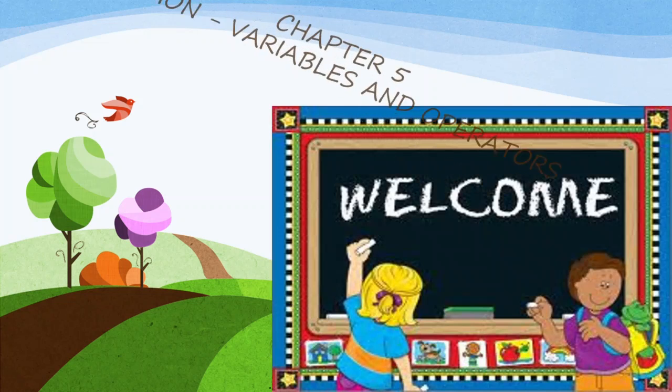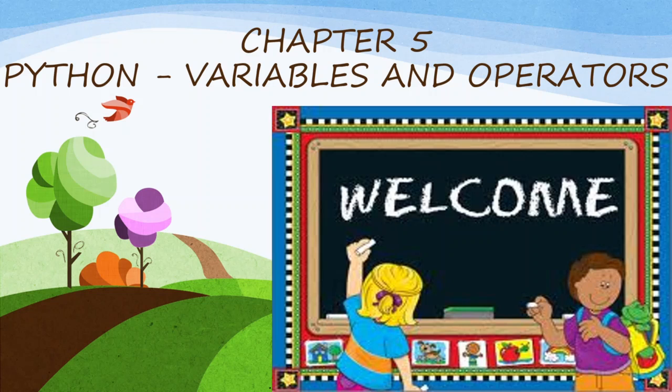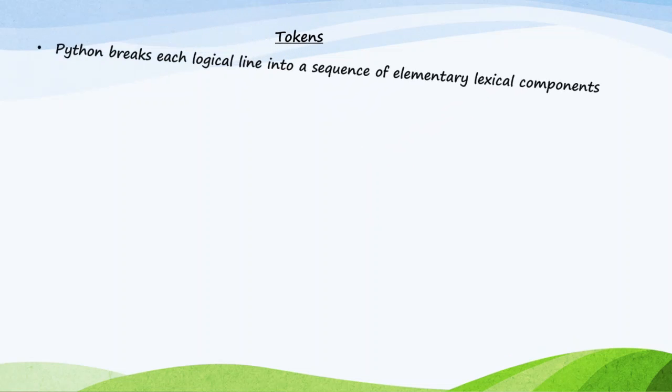Today we are going to deal with Chapter 5, Python Variables and Operators. Today we are going to see the topic tokens. What is a token?